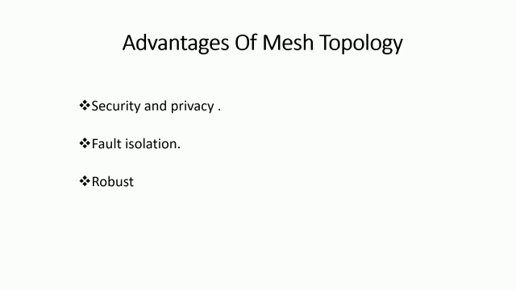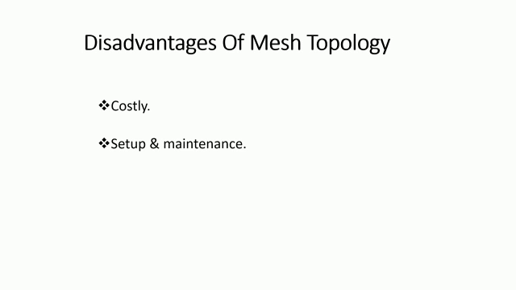Mesh topology is robust. That is, if one link becomes unusable, it does not incapacitate the entire system. These were some of the advantages of mesh topology.